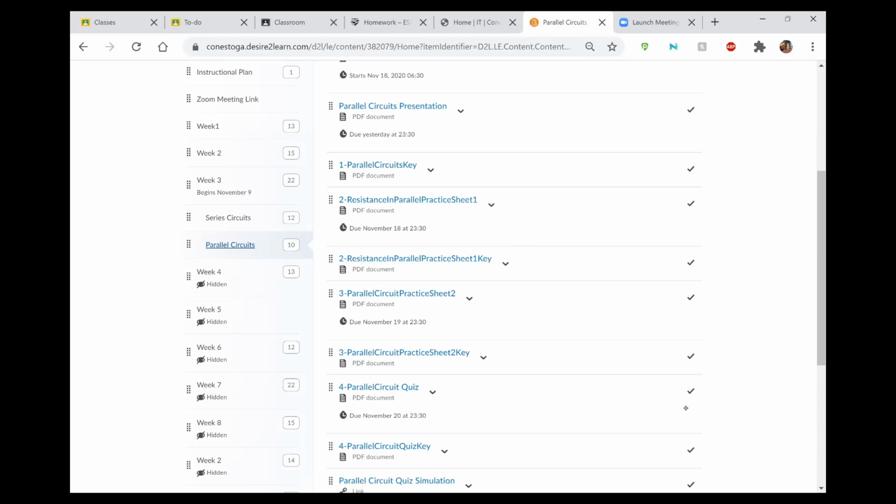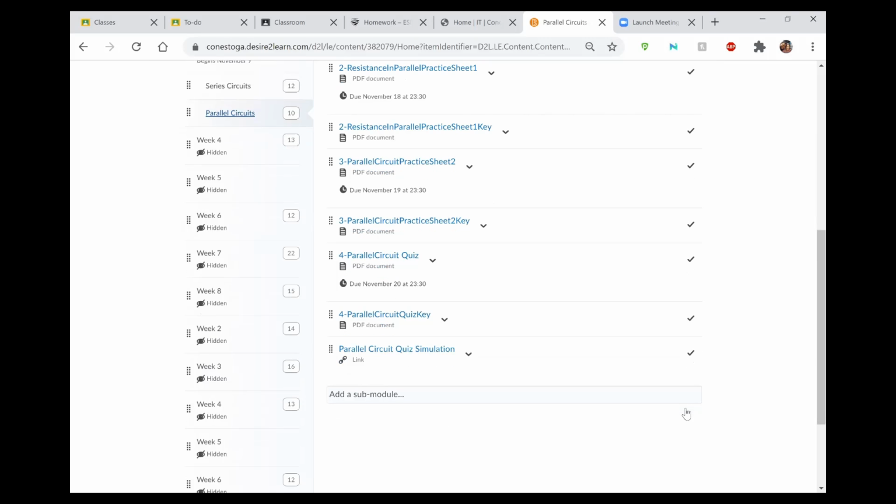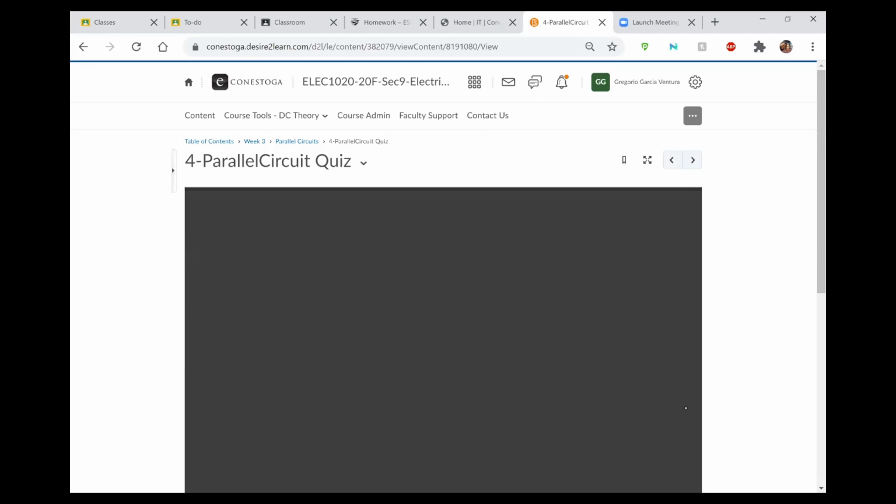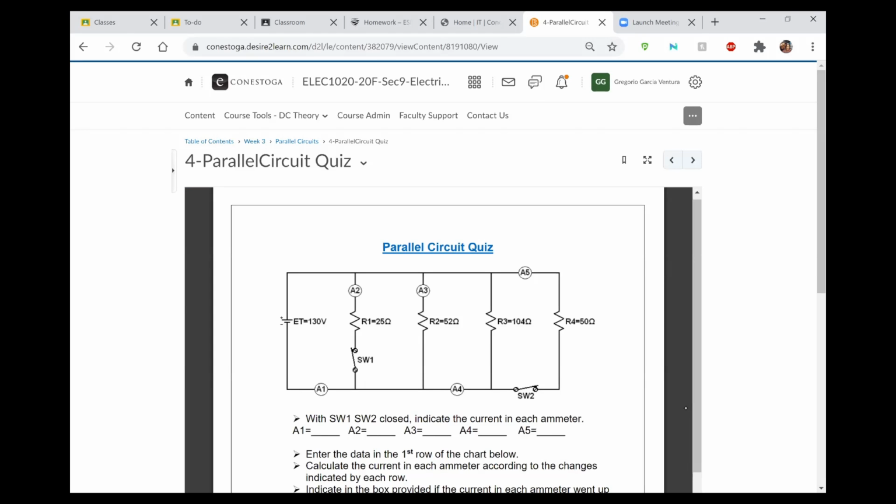That way you can go back and forth and see if you are understanding the information, or if some questions come up. Now, from here, there's an important problem that I posted, which is called the parallel circuit quiz.